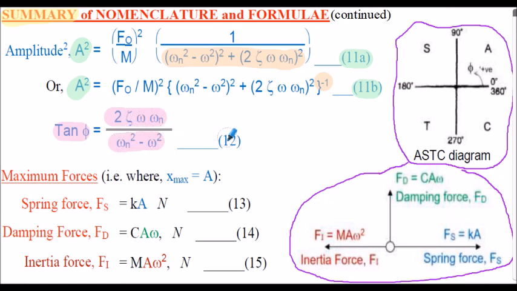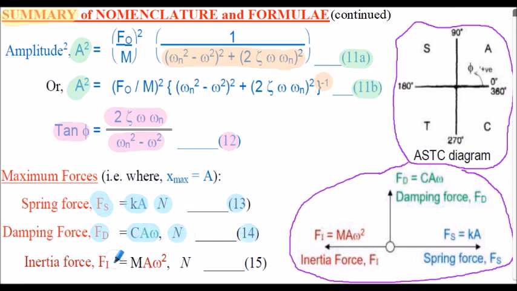Call that equation 12. Here's a summary of the maximum forces. Maximum forces occur at the maximum amplitude of our various phasors. So the spring force Fs is ka, that's in newtons, equation 13. Damping force Fd, that's c multiplied by A multiplied by omega in newtons, equation 14.